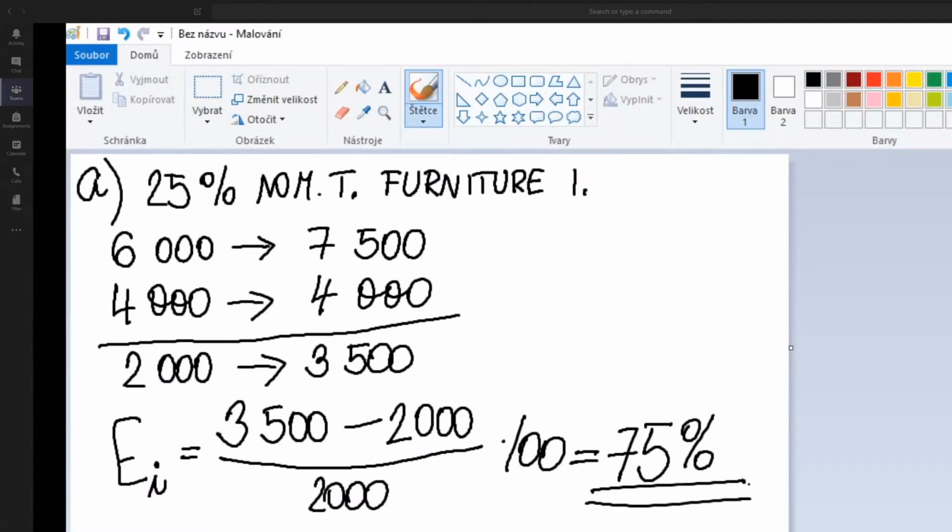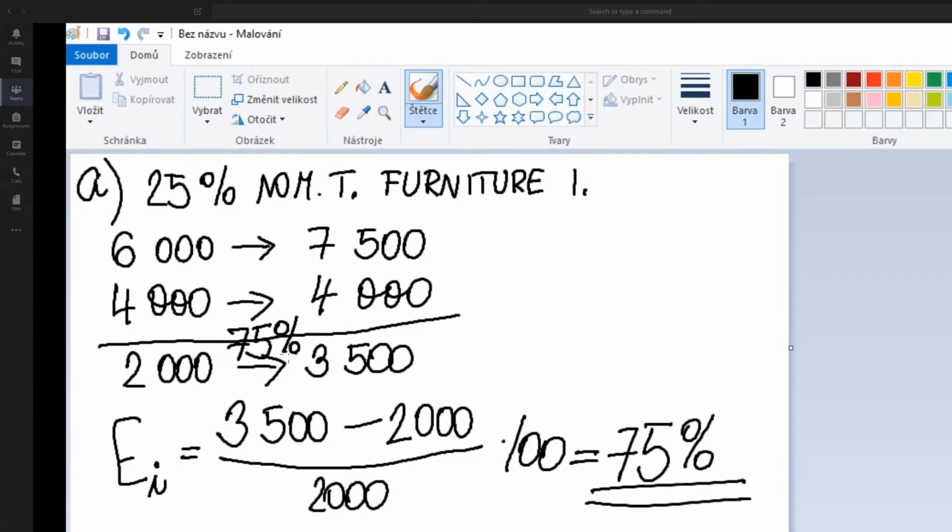This is the result. This is the effective tariff protection rate. What does it mean, effective tariff protection rate? It means, look here, that the percentage increase of the value added is 75%.